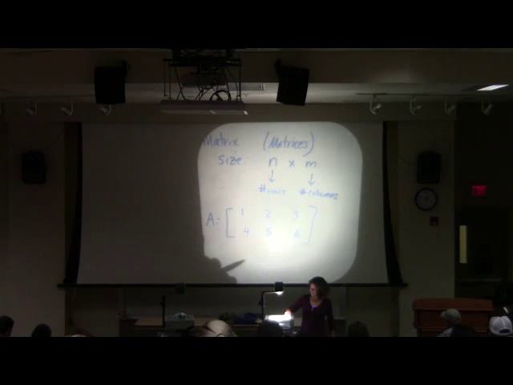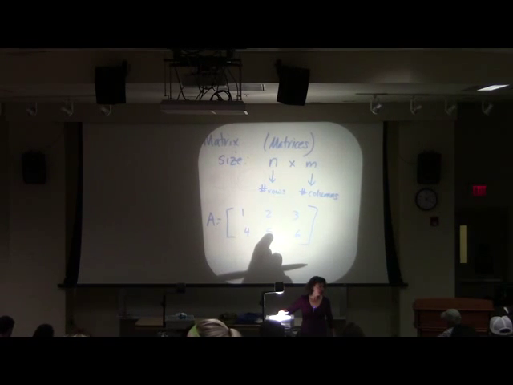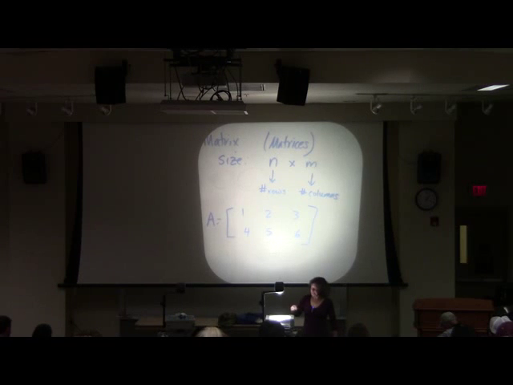This number 5, isn't he in my second row, second column? So, what if I asked you, what's the size of matrix A? Well, how many rows are there? 2. How many columns are there? 3. He's a 2 by 3 matrix. I know it's not that thrilling, but you have to be able to read the size of the matrix in order to enter it into your calculator.